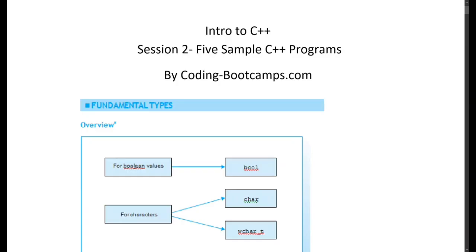Welcome once again. This is session 2 of our introduction to the C++ programming language. We'll be looking at fundamental types, constants, keywords, and variables all throughout by reviewing 5 sample C++ programs that we've put together for you. Now, before each program, I will review the main concept, but for a more detailed explanation, I do recommend going over the support material that we have provided.